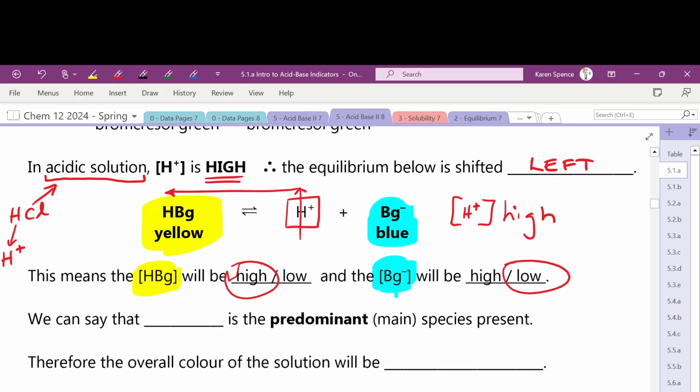So out of those two things, which one is the predominant species? Remember, predominant means main species present. Which one is mostly present? HBG. And if HBG is the main species present, the overall color of the solution will be yellow.